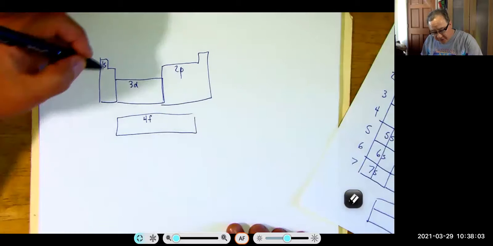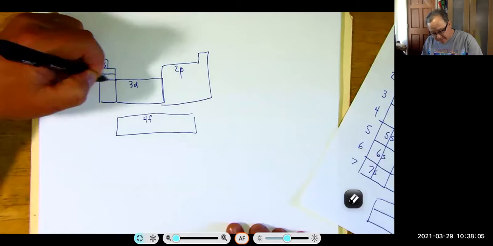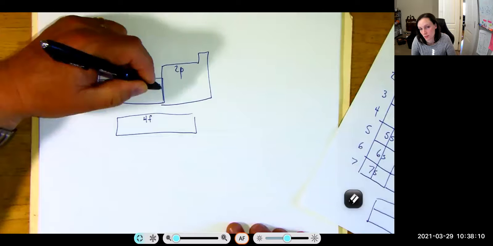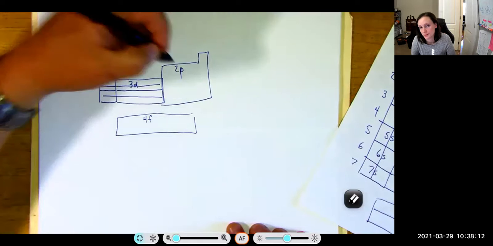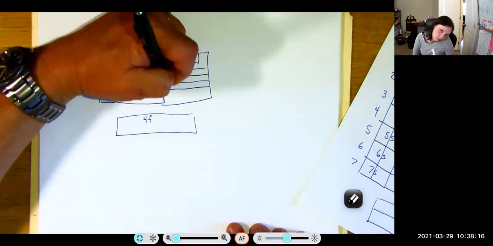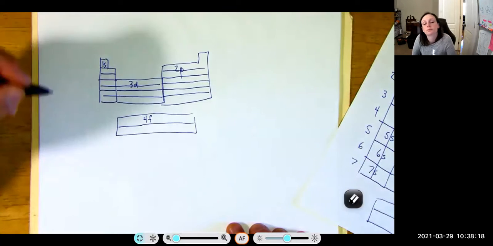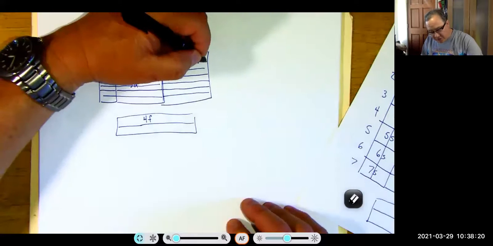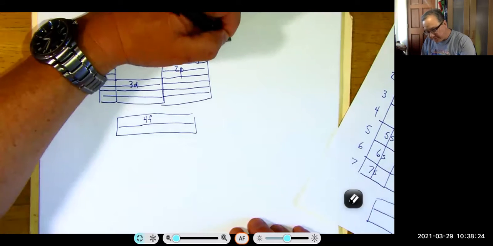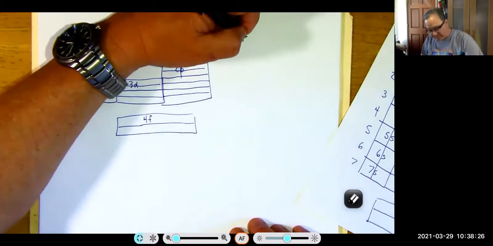And I'm going to go ahead and do this. Okay, so if we want to get the electron configuration here of hydrogen, it's going to be 1s1.